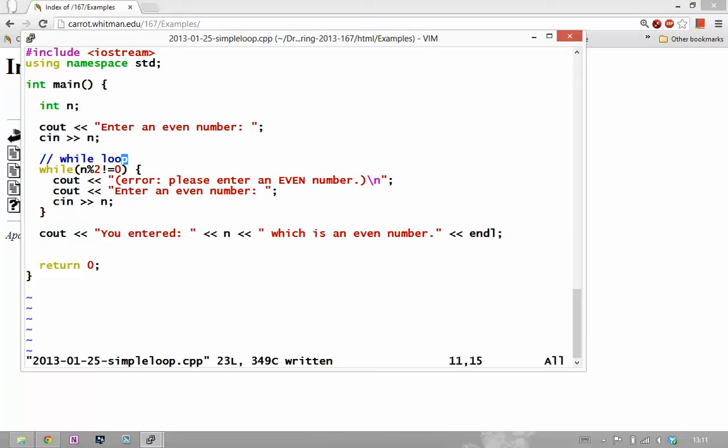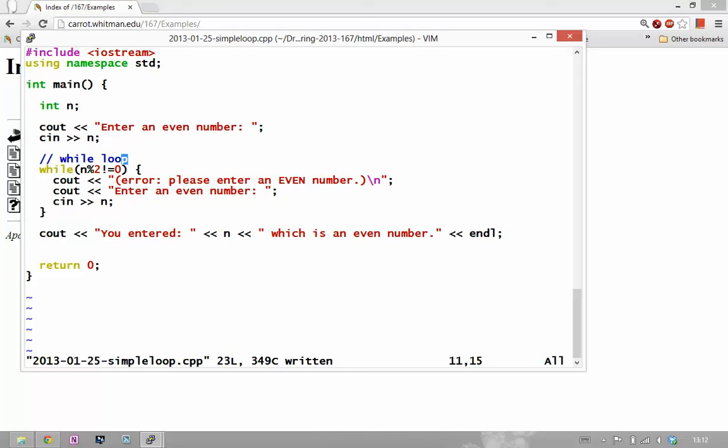No, 0 is equal to 0. So this thing here evaluates to false, which means the while loop doesn't happen. It doesn't even happen once. And it skips to the end brace and carries on. So if I type in a 4, which is what we want, an even number, this while loop never happens because the start condition is false. And we skip to here and it says you entered 4, which is an even number.